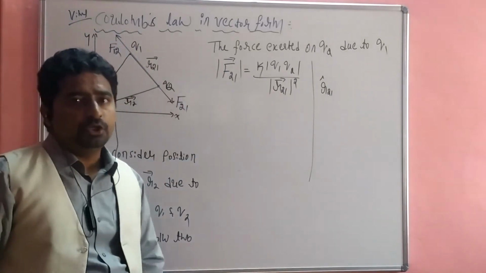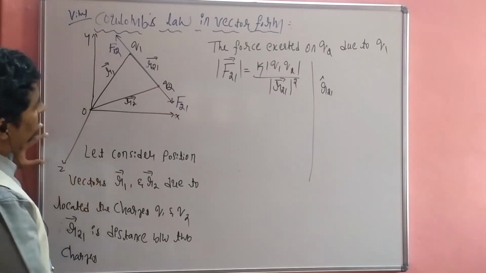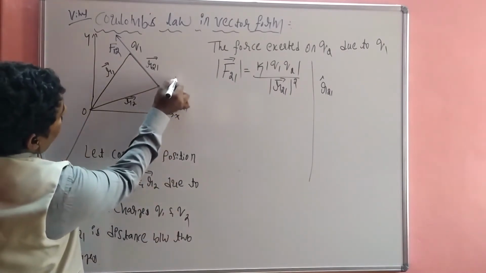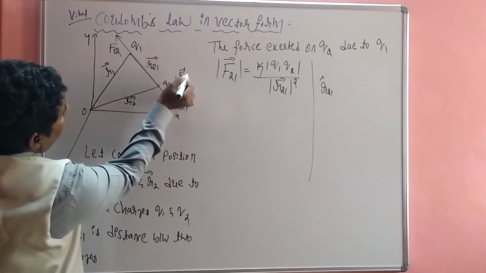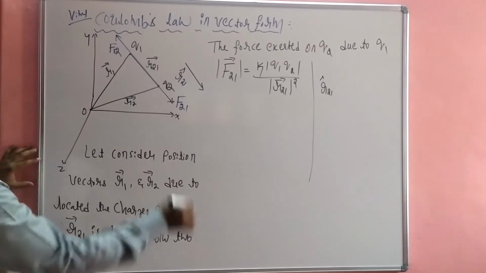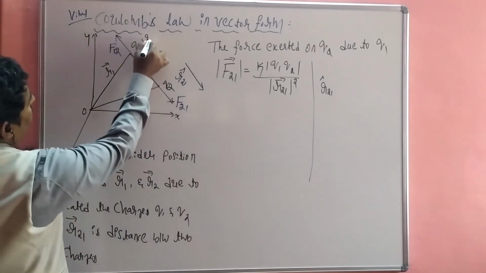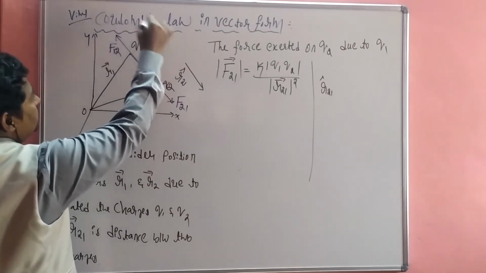R21 cap is a unit vector. It is along the direction of the force. In this direction, R12 cap is along the direction of force.